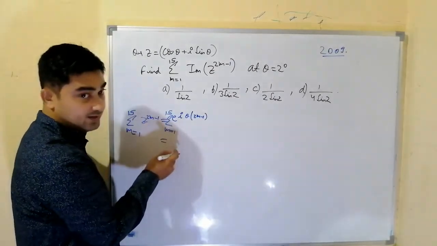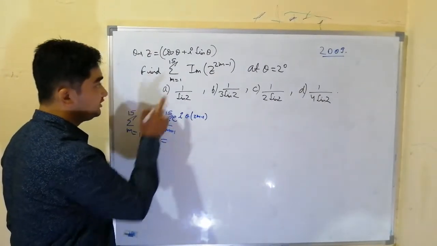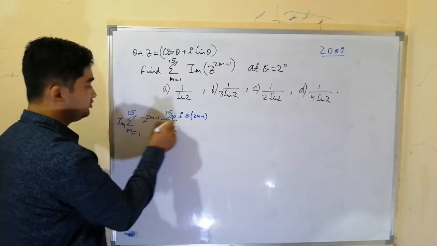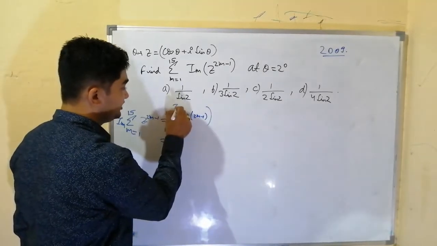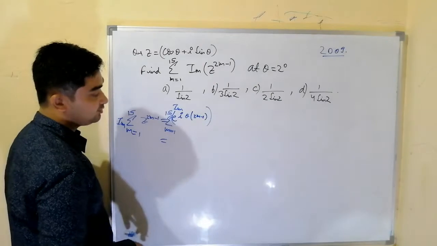Now put the values of m and expand it. We have to only find the imaginary part of this. So we will only consider the imaginary part, leave the real part.